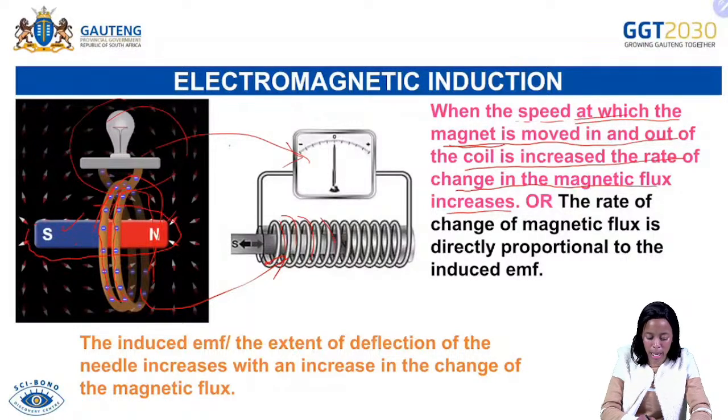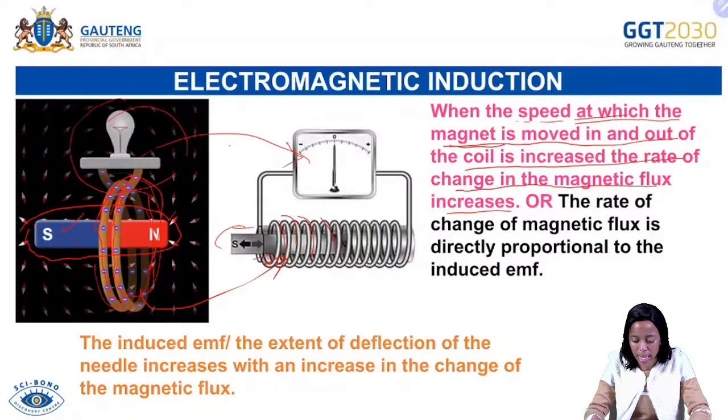So when this magnet is moved inside and outside of the coil, the rate at which electricity is produced is also going to increase.